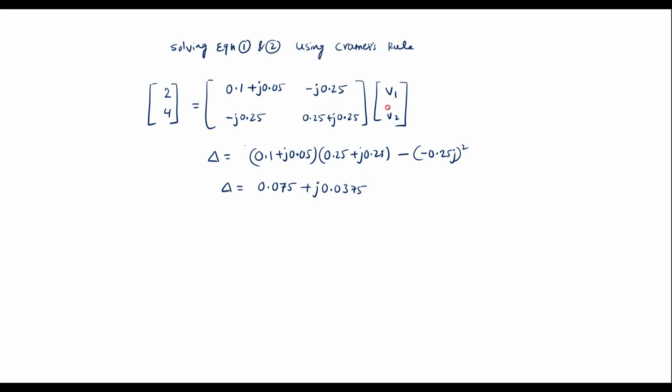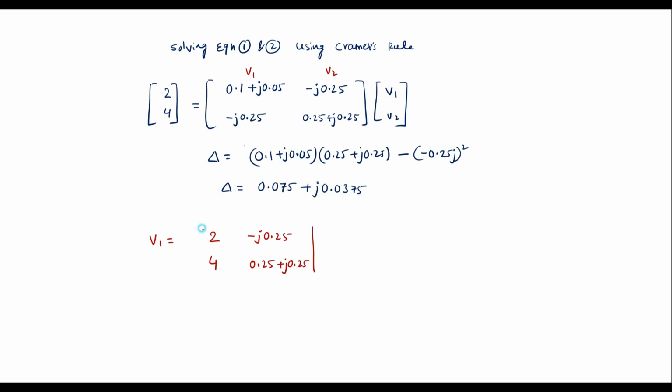Now let me calculate V1. To calculate V1, as we know, this column is the coefficient of V1, this column is the coefficient of V2. We have to replace the V1 column with these two values, that is 2, 4, and keep these values as they are, minus j0.25 and 0.25 plus j0.25.